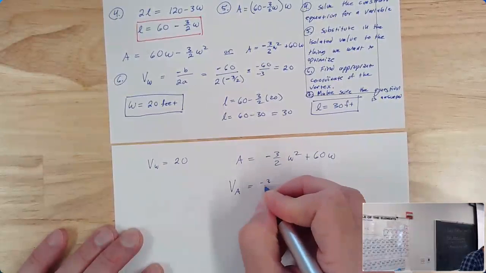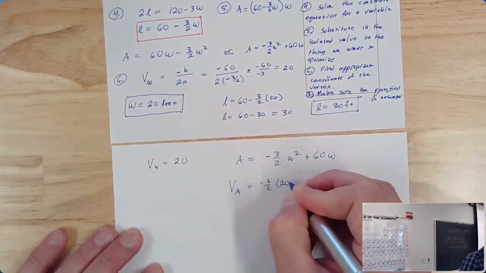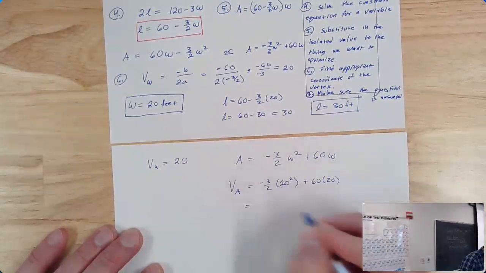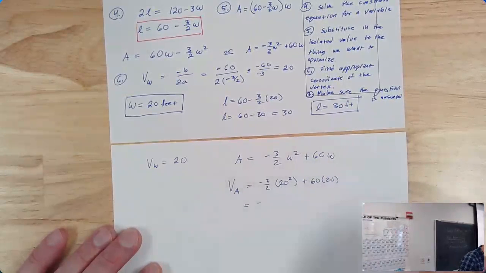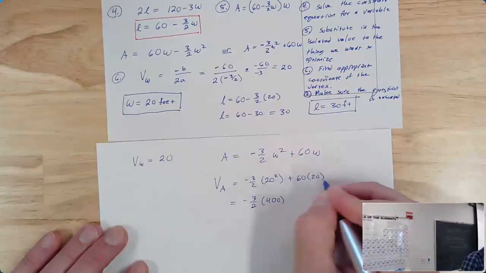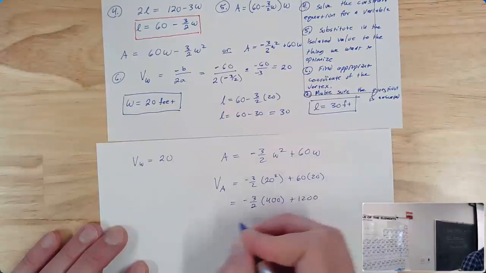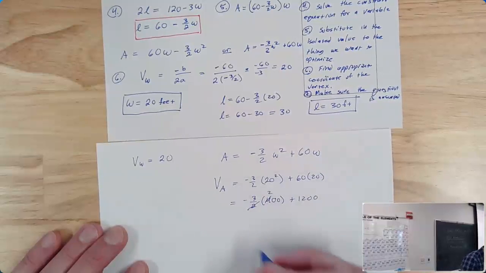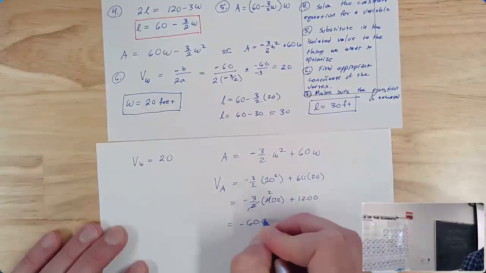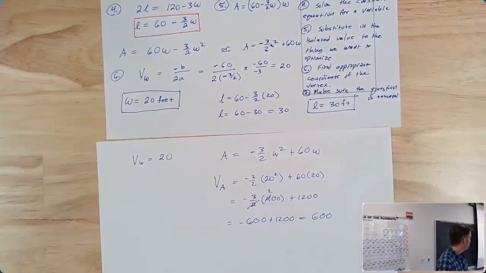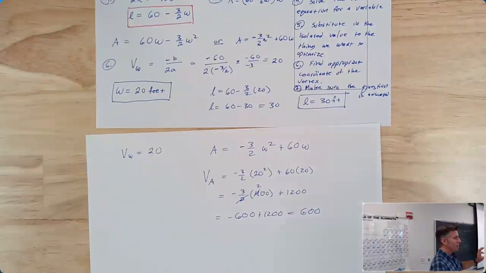So I'm going to get -3/2 times 20 squared plus 60 times 20. Check this out. We get -3/2 times 400. 60 times 20 is 1200. -3/2 times 400 is -3 times 200, which is -600, which gives you 600.